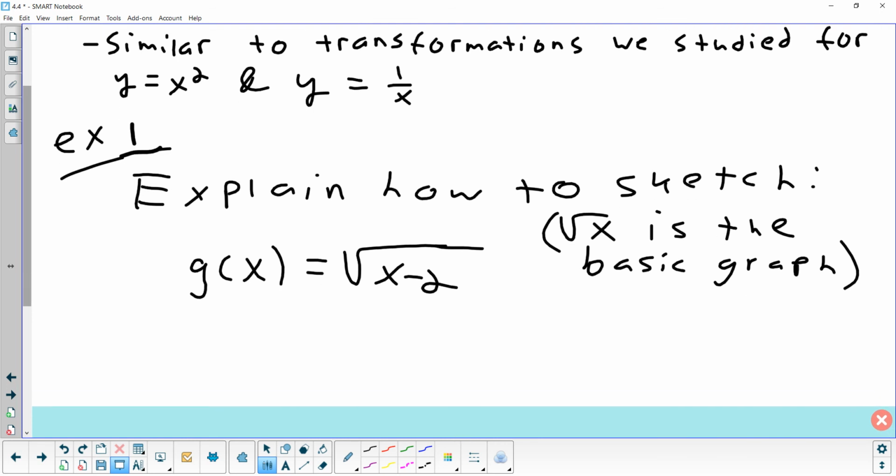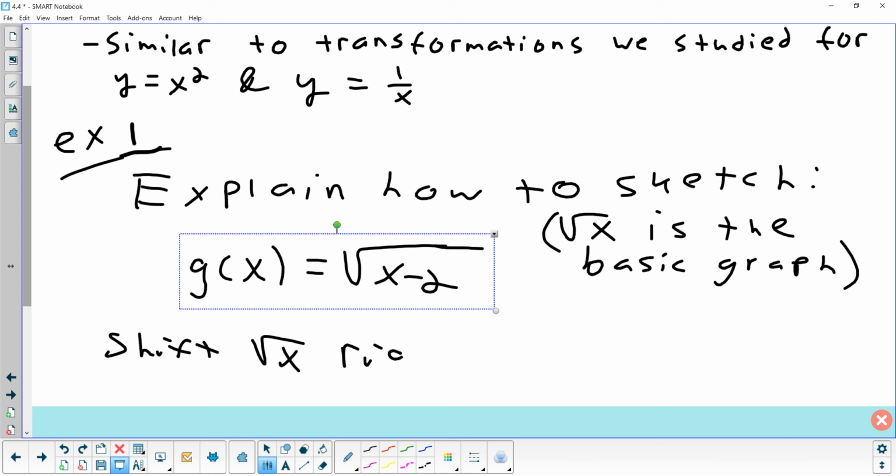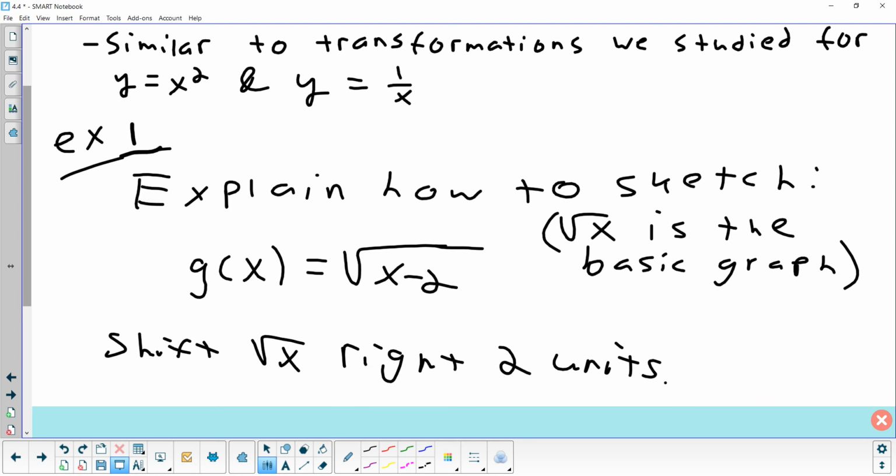So what would you have to do to square root of x to turn it into square root of x minus 2? Well, Zach? Shift it right 2 units. Shift it which way? Right. Yeah. So you would shift square root of x right 2 units. And that's how you would get g of x.